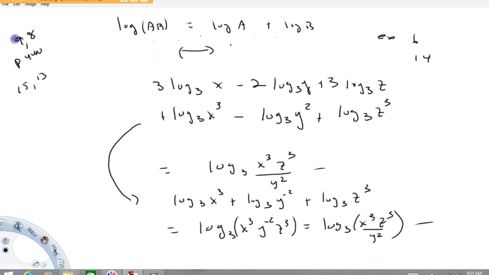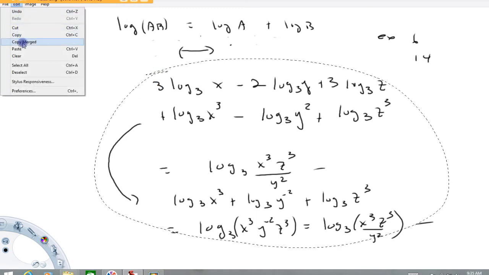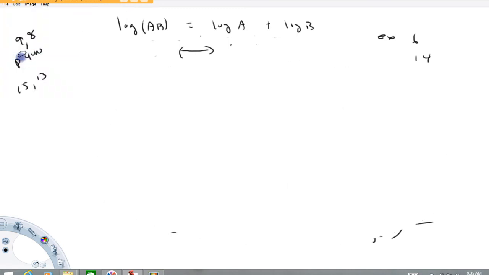All right, I'm going to take a look at 14. So 14, what we've got here is a problem that says log base 6 cubed root of r squared w. Directions are to write the log in expanded form.